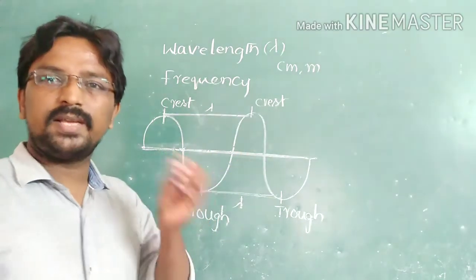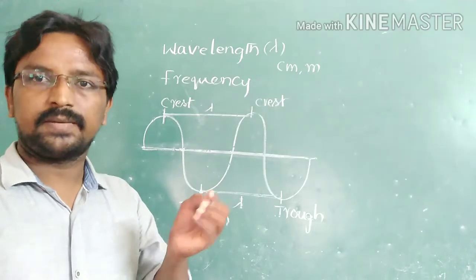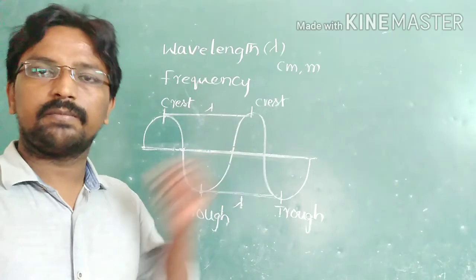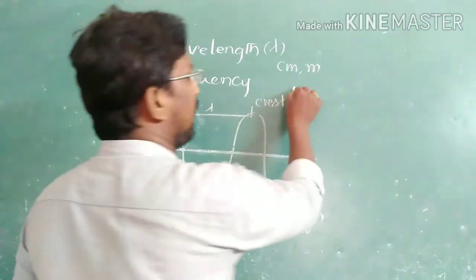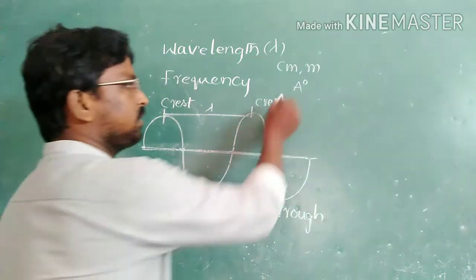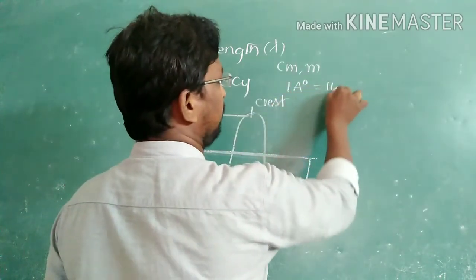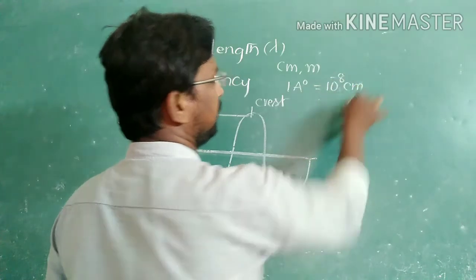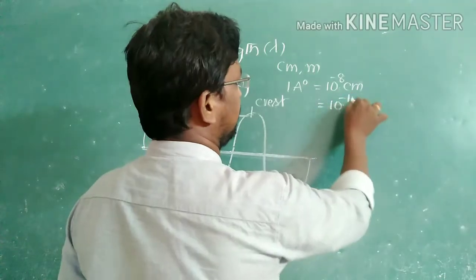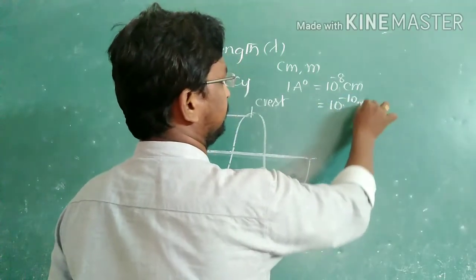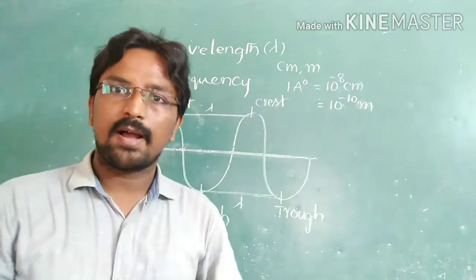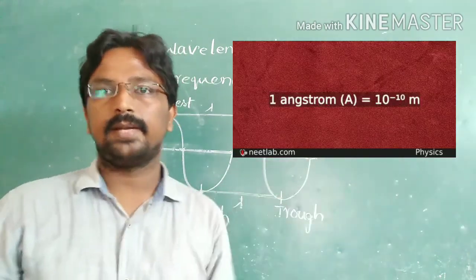These wavelengths are very small, very tiny distances, so we use a small unit for wavelengths, which is the angstrom unit. 1 angstrom unit is equal to 10 power minus 8 centimeters, or 10 power minus 10 meters.